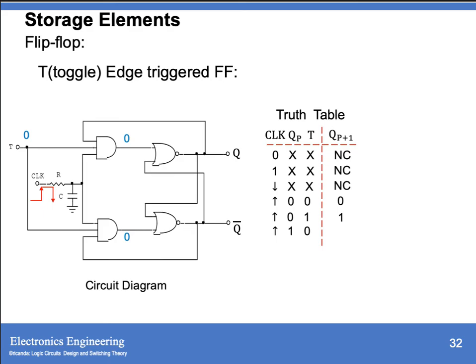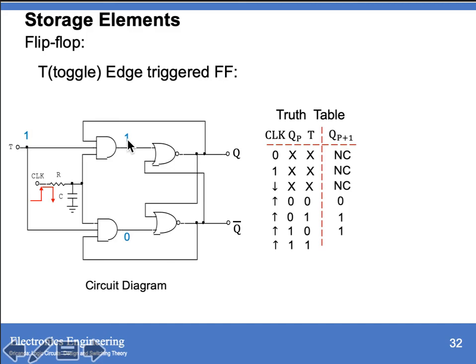If your T is 0 and your clock is going up and your previous Q is 1, since T is 0, the outputs of these two AND gates will be 0. So we have to determine using your previous Q. So your previous Q is 1. So we have 1 NOR with 0, it is equal to 0. 0 NOR with 0, it is equal to 1.